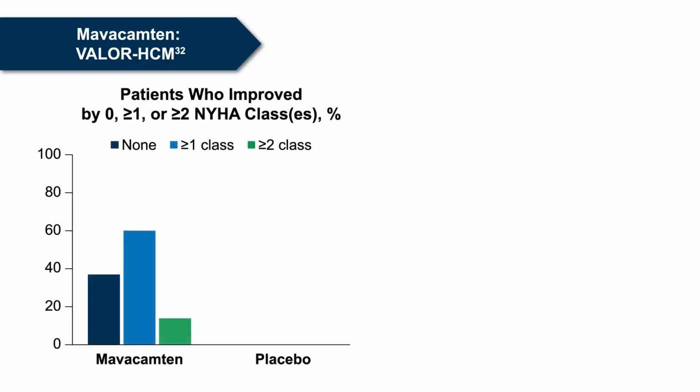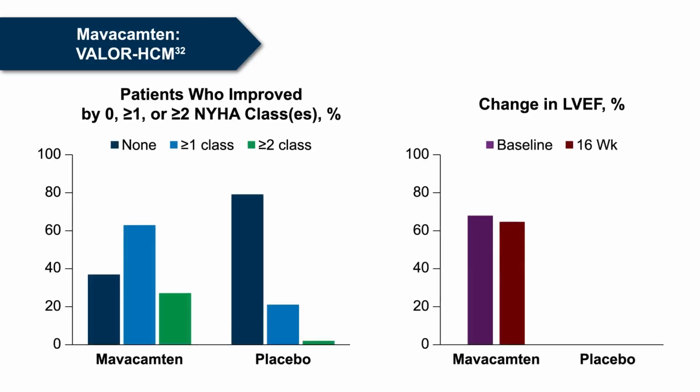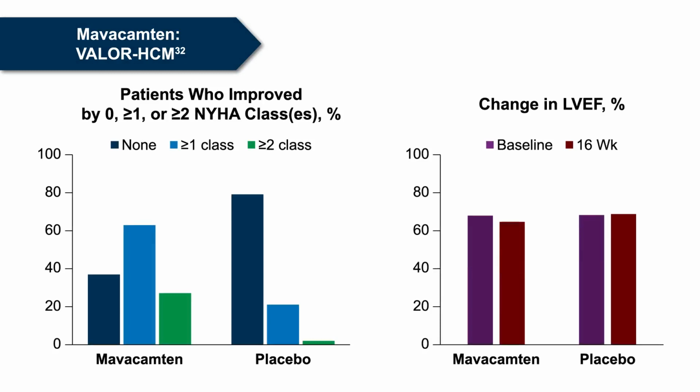Mavacamten has also been trialed in the context of patients who are eligible for septal reduction therapy in the VALOR-HCM trial. In this trial, mavacamten was associated again with improvements in NYHA functional class, with more than 60% of patients improving by at least one class and more than a quarter of patients improving by more than 2 classes.